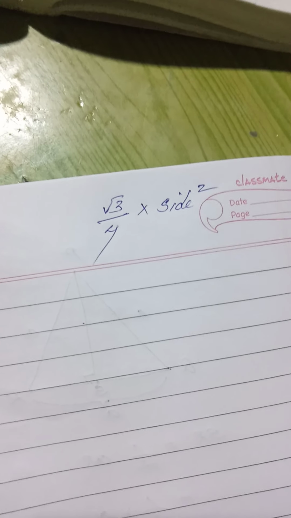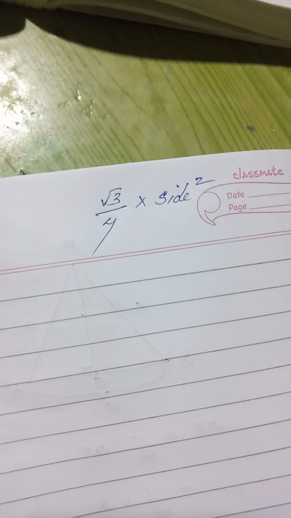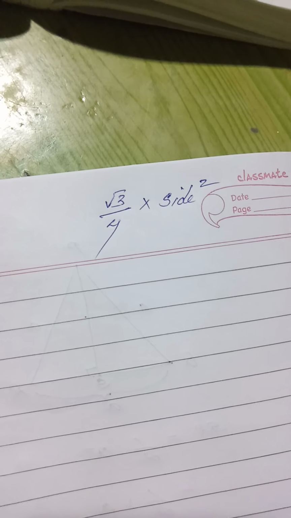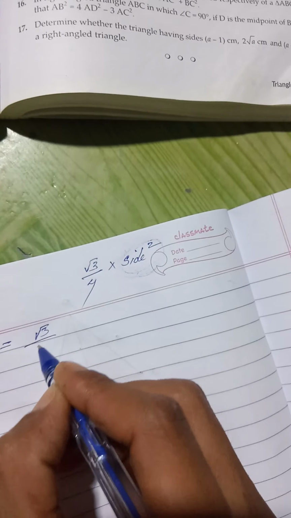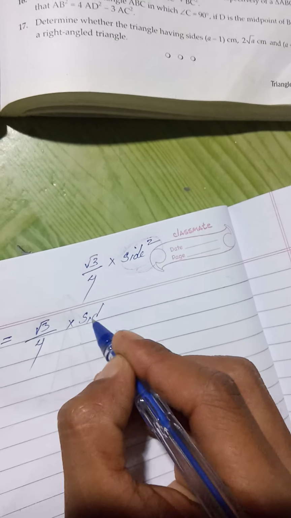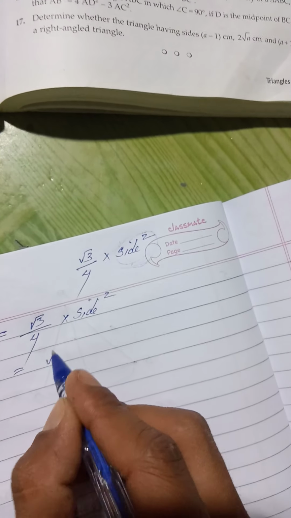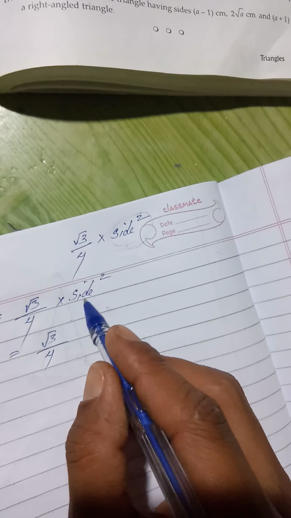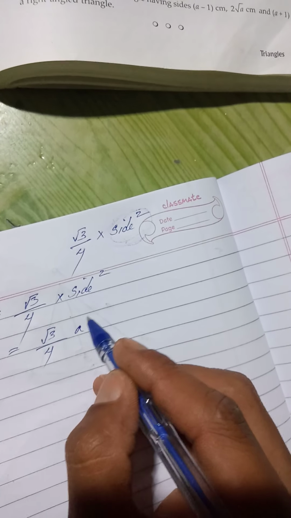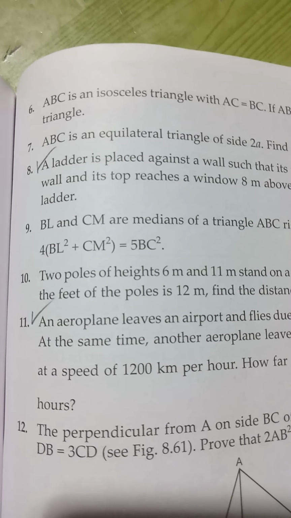In here the side is given as a, so we just apply area equals root 3 by 4 into side square, and the side is a, so it will carry a square. That's all.